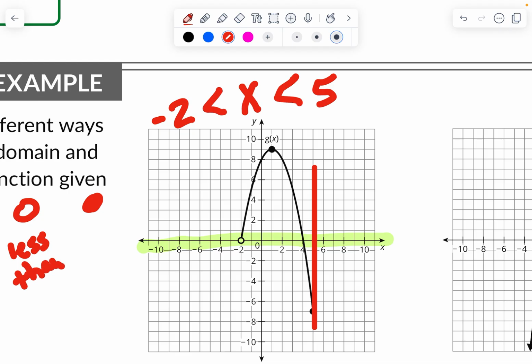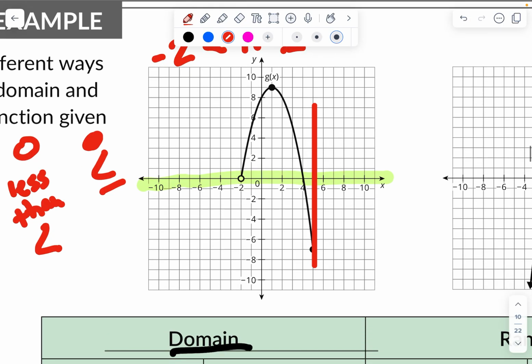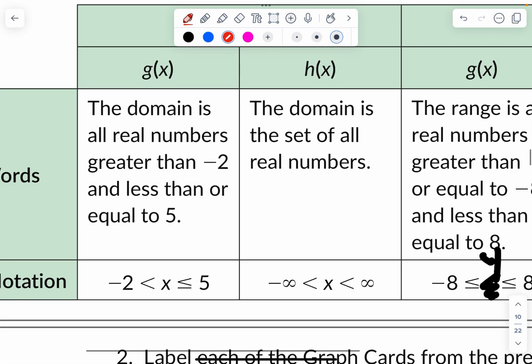But on the right side, my graph not only comes right up to the 5, it actually is on the 5 with a solid dot. You're going to use the less than or equal to symbol. So if I was going to say what is the domain of the first graph, I'm going to say x is greater than -2, but it's less than or equal to 5. And that's what this looks like here and here.